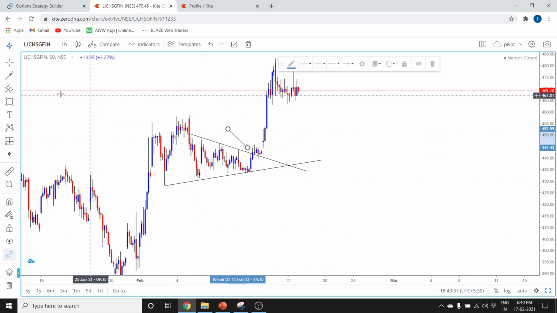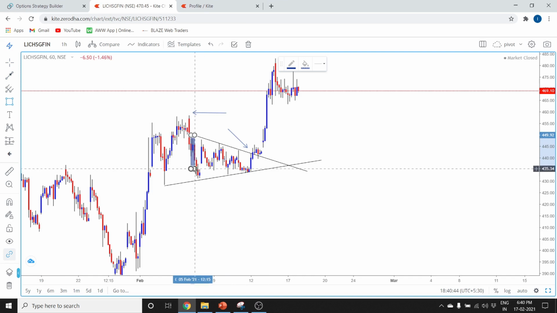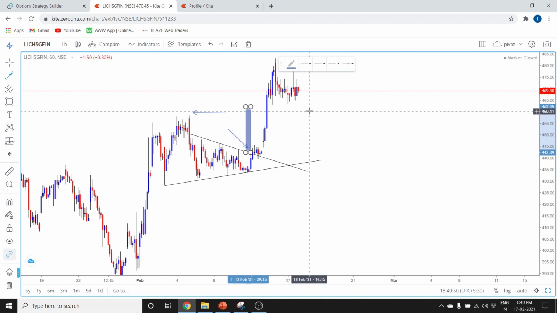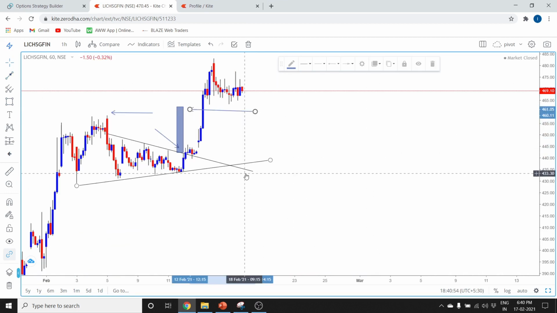This is the breakout level. This is previous resistance. Now let me find a target. And this is our target. Fine. So step 1 is done. We found a good trade.